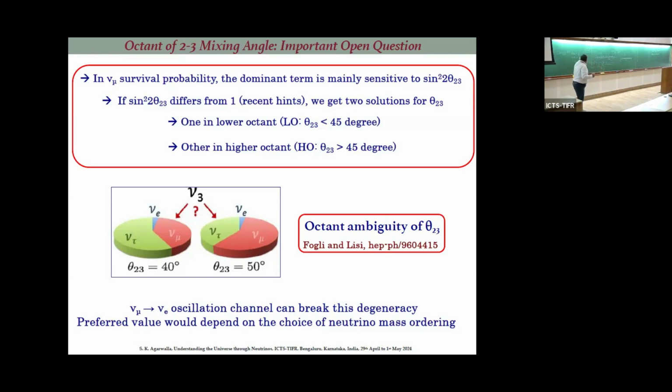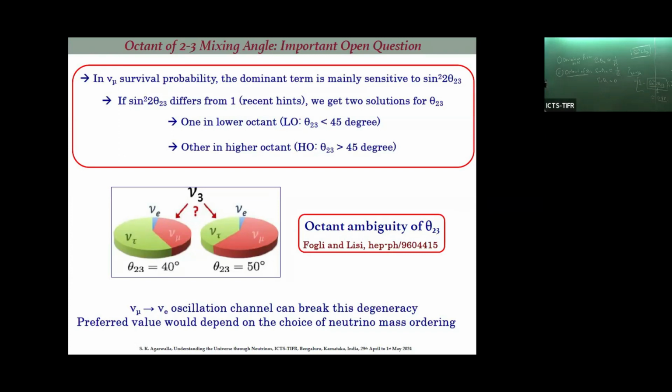Once you nail down this question, the next question comes: the octant of theta 2,3. You ask, I am deviated from maximal mixing, now let me fix the octant. Correct? Clear?